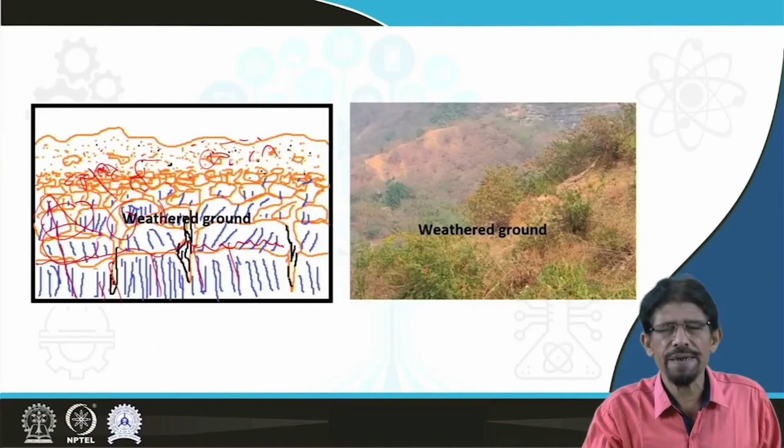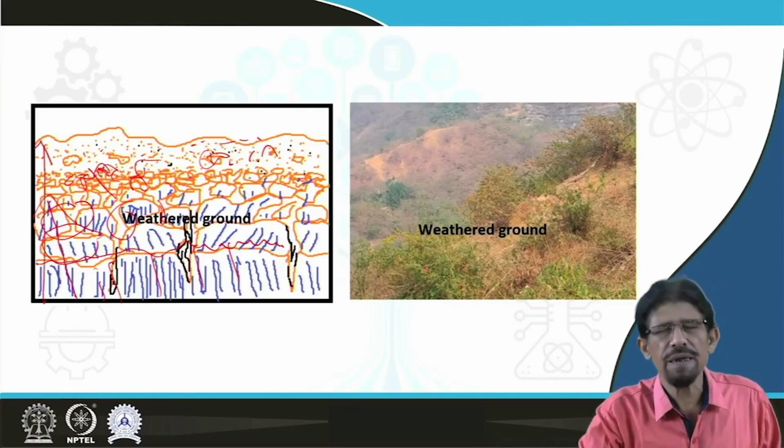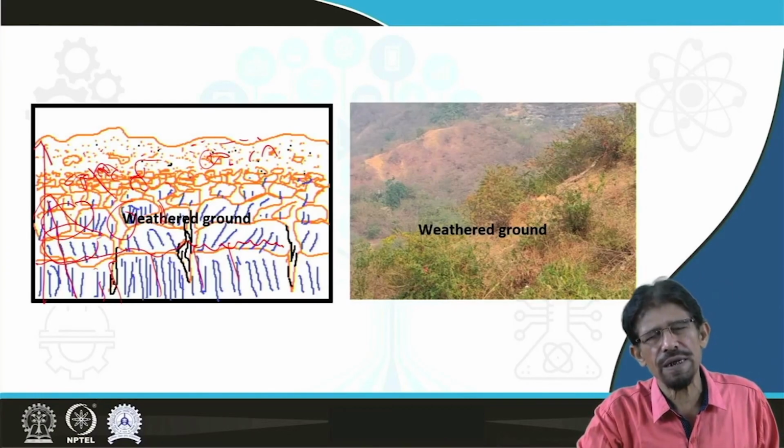This type of variation in constituent attributes is responsible for variation in strength and hardness as well as durability. This type of ground requires very careful observation and monitoring regarding the preparation and treatments.